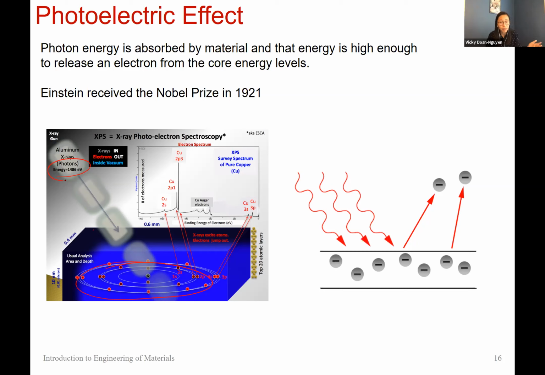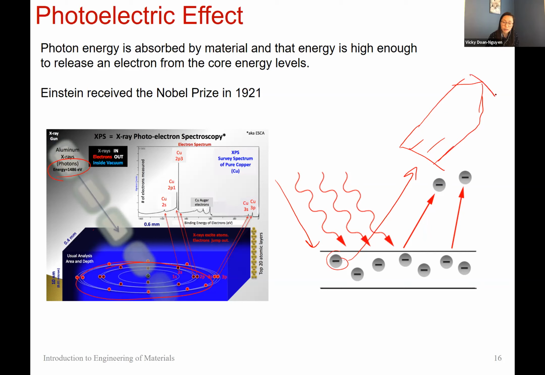Here it's 1,486 electron volts. So that means it can excite your core electrons. The impinging light will come in and excite a core electron, which will be ejected. Then you'll have a range of electron energies that will come out.